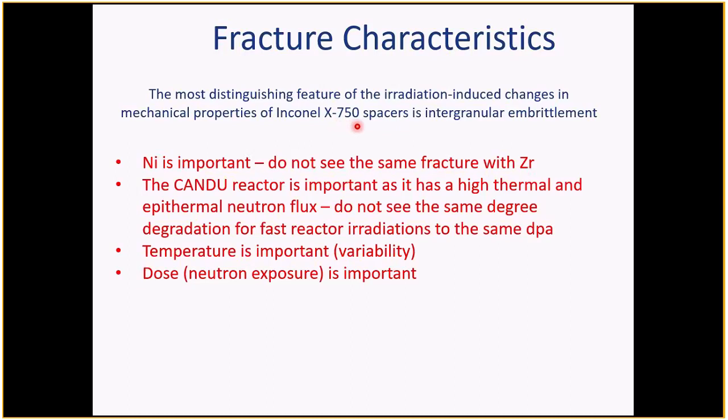There are nickel alloy Inconel components which are in fuel assemblies, for instance, in PWRs and BWRs. There are springs to keep the assembly together. There are spacers. There are a number of different parts of fuel assemblies which are actually made from nickel alloys. Although most of the material around the core is made with zirconium, other bits of the assembly are typically made with Inconel.